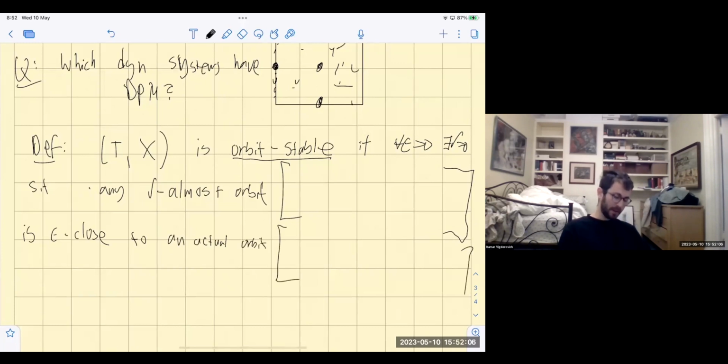Okay, but this is just: if something is almost an orbit, then it's close to an actual orbit.